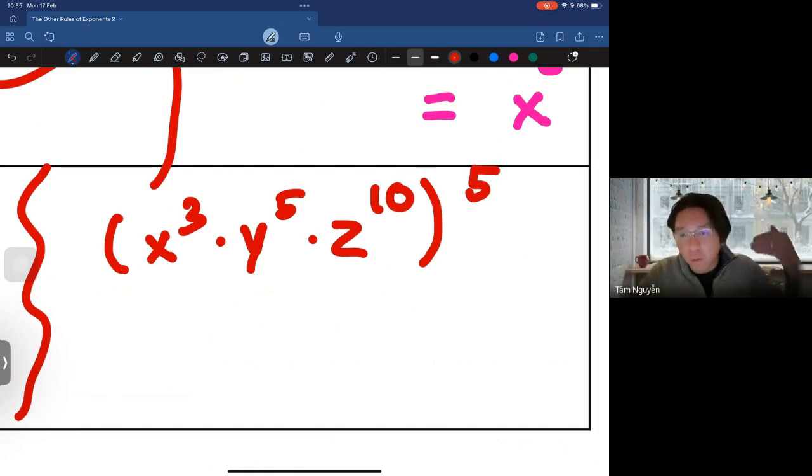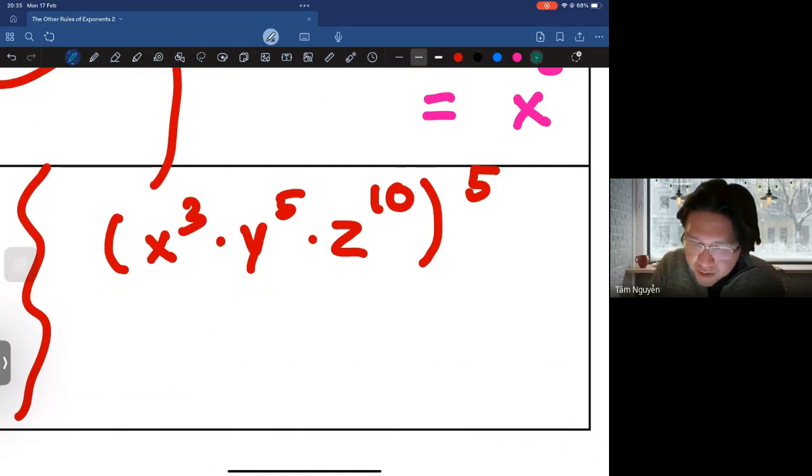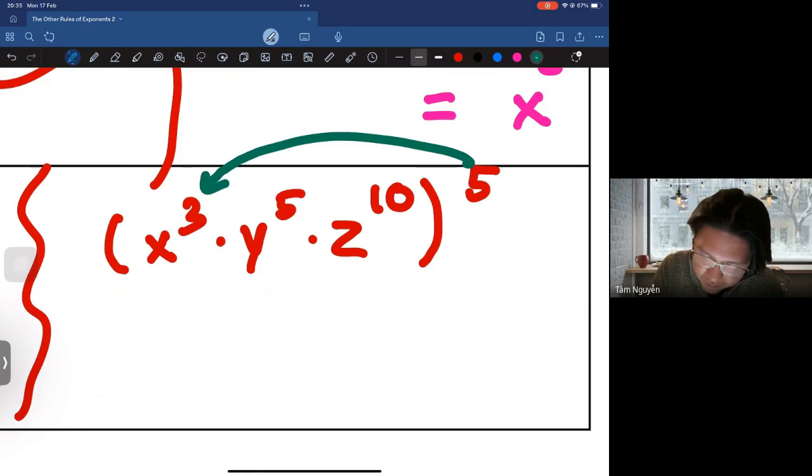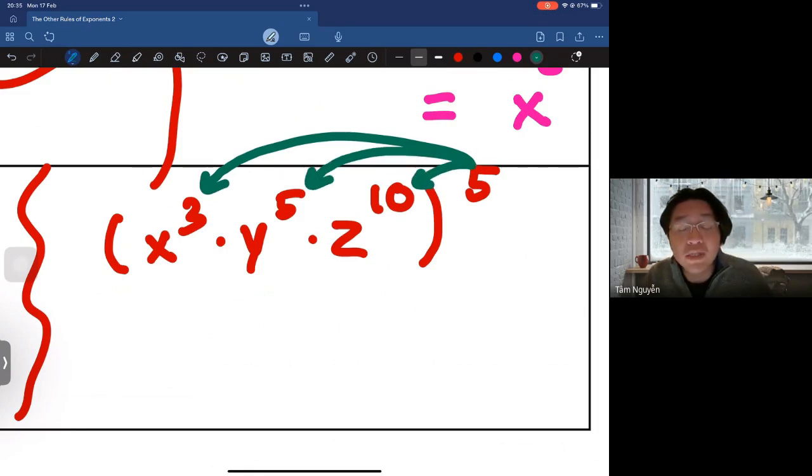Let's say we have multiple variables, multiple exponents between the parentheses. If you remember what I said, we take the exponent outside and multiply it to every single exponent we have inside. So I'm going to take the 5 outside and multiply it with every exponent I have for x, y, and z.